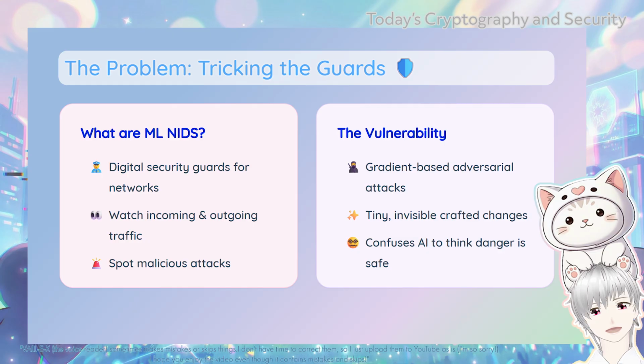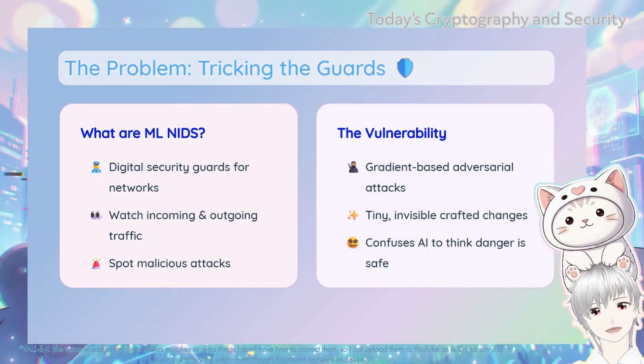These smart security guards are vulnerable to something known as gradient-based adversarial attacks. These are super sneaky, carefully crafted changes made to the network traffic by the bad guys. These changes are so tiny that humans cannot even notice them, but they completely trick the artificial intelligence.